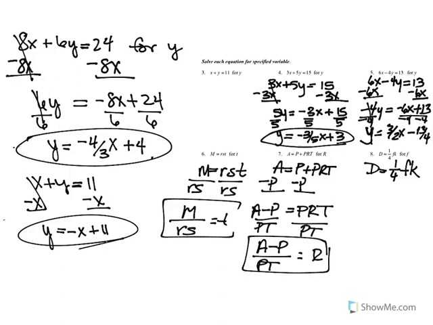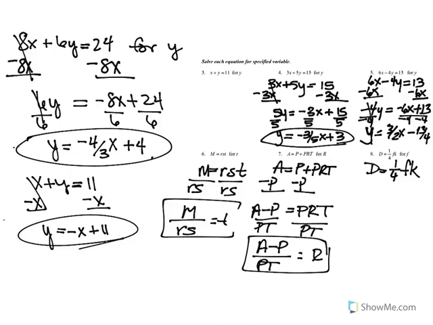Okay? All right. Then on the last one, d equals 1/4 fk. What you want to do is really get rid of that 1/4 first. And so what would you do? Well, you would divide both sides by 1/4. But what does that mean? Because you can't leave a fraction in a denominator. What does it mean to divide by a fraction? It means to multiply by the reciprocal.